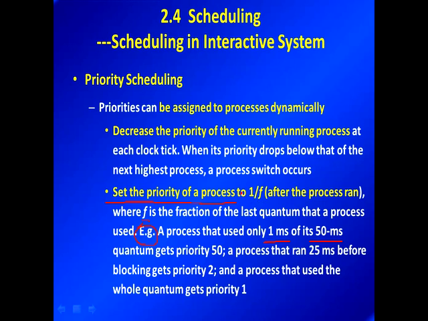You can use this expression to calculate the priority. For another process that ran 25 milliseconds, because it used half of the quantum, its priority is set as 2. And if the process used up the quantum before it leaves the CPU, then this process gets priority 1.